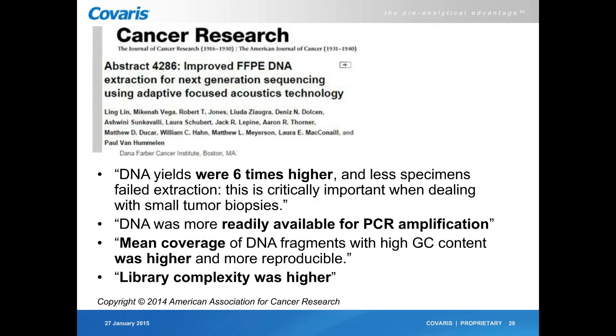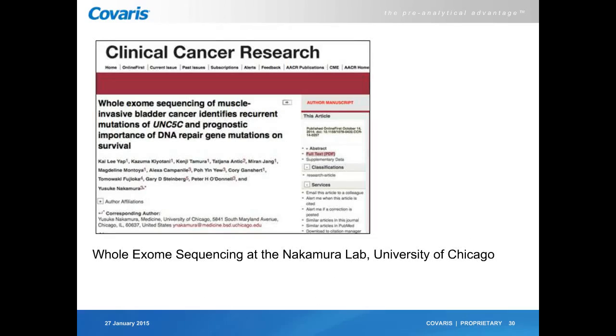It's still a new technique and a new product, but we already have people publishing based on this solution. Just recently, the Nakamura lab at the University of Chicago published in Clinical Cancer Research whole exome sequencing data based, again, for the DNA extraction part, on the truXTRAC kit.